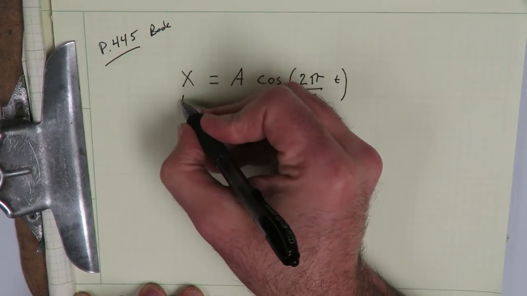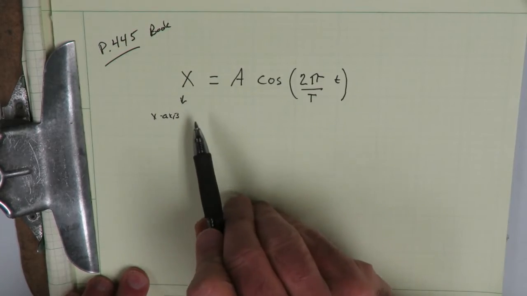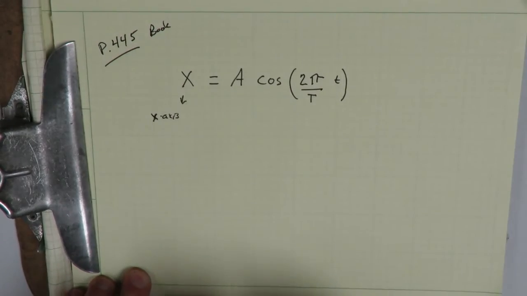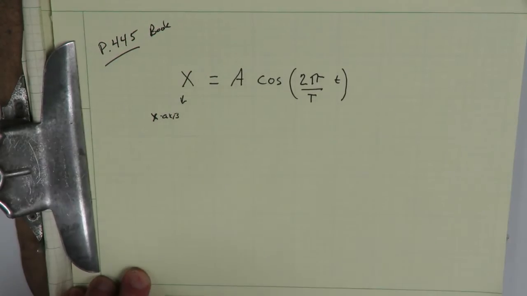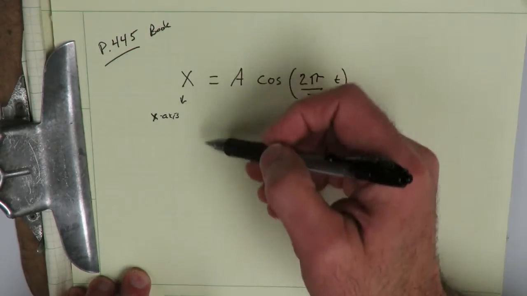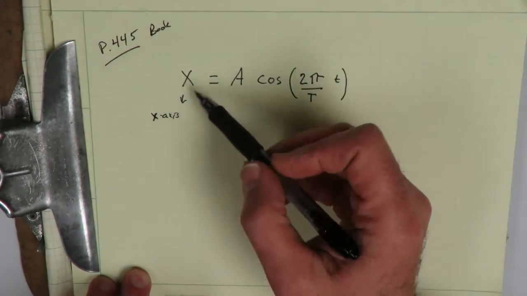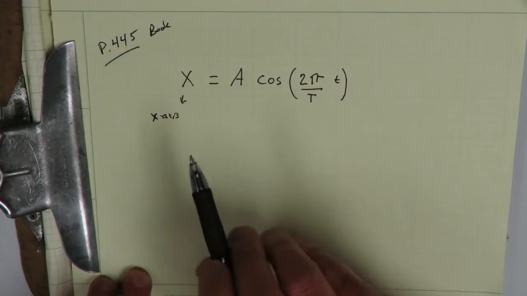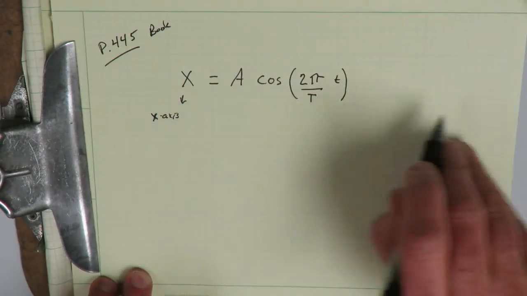x is the position on the x-axis. Now, we're used to using the x-axis as the horizontal one, but the book and AP, for some reason, make x the vertical axis. I'll show you this when I give you an example in just a moment, but they say x, but they really mean the y-axis, the up and down axis. And this is a function of vertical position as time passes.